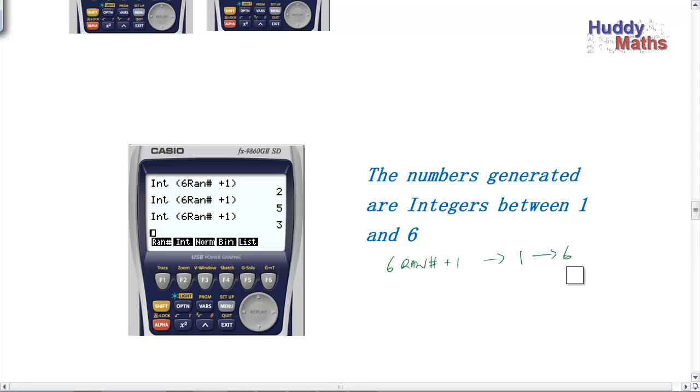Oops, 1 and 7, isn't it? Naughty, naughty. Between 1 and 7. So what's int doing if it's producing integers only between 1 and 6? I hope you did about 20, numbers 2, 5 and 3 here, but you'll never get a 7.